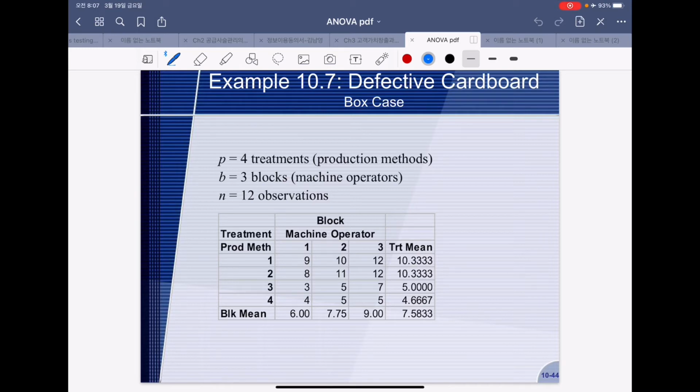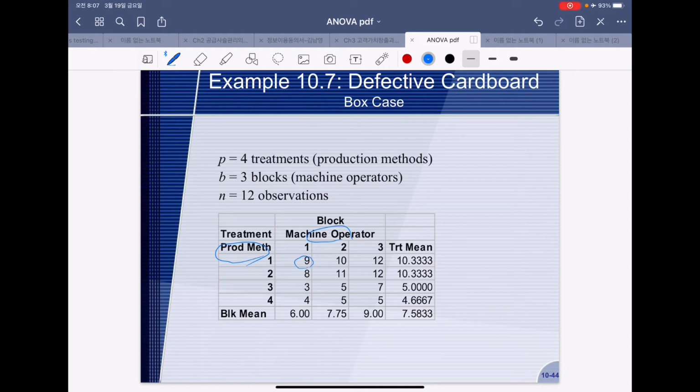One is production method, and the other one is machine operator. Okay. So we have 3 treatments for machine operator and 4 treatments for production method, right? And you see here we have only one observation for each cell, right?